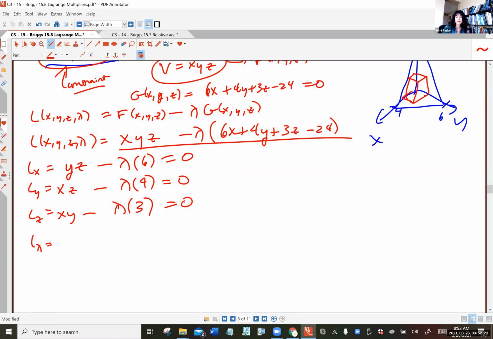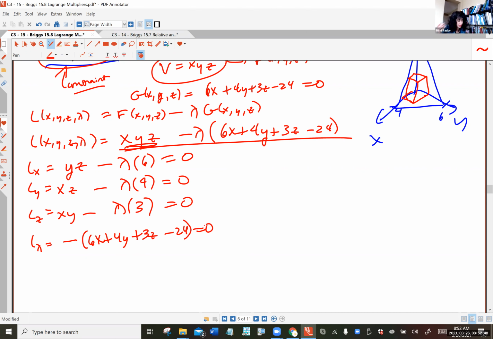So that's kind of cool. So when you differentiate with respect to lambda, you hold x, y, and z constant. So the derivative of xyz with respect to lambda is just 0. And then you're going to have minus, and then this other stuff is a constant multiple of your lambda, and then set it equal to 0. And the L lambda will always be basically your constraint equation. If you multiply both sides by -1, it looks exactly like the constraint.